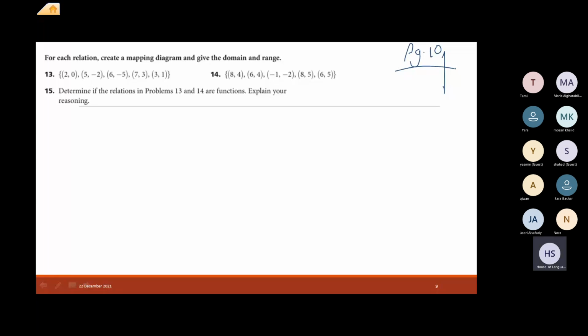Do the diagram and write the solution, please let them focus. 13 and 15. Just the first step: solve 13 and after that determine if it is a function or not.